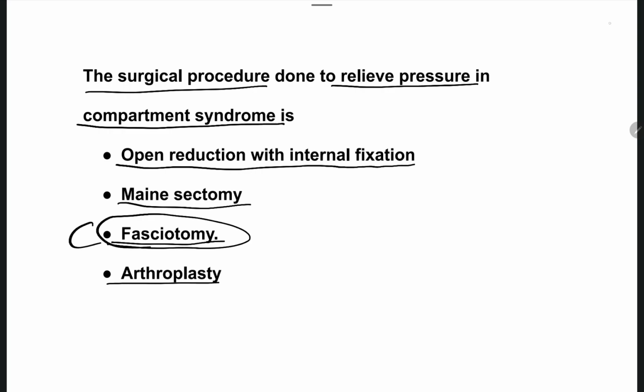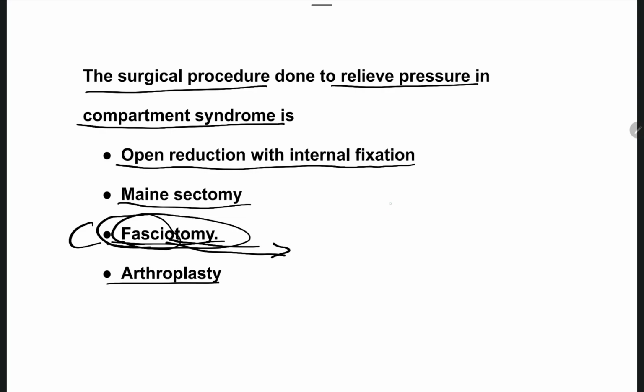So, what is fascia? Fascia is an accumulation of connective tissue, a thick sheet of connective tissue. It surrounds the muscle compartment.